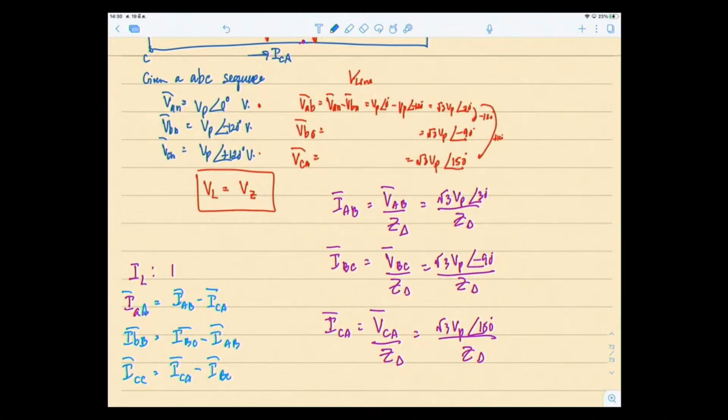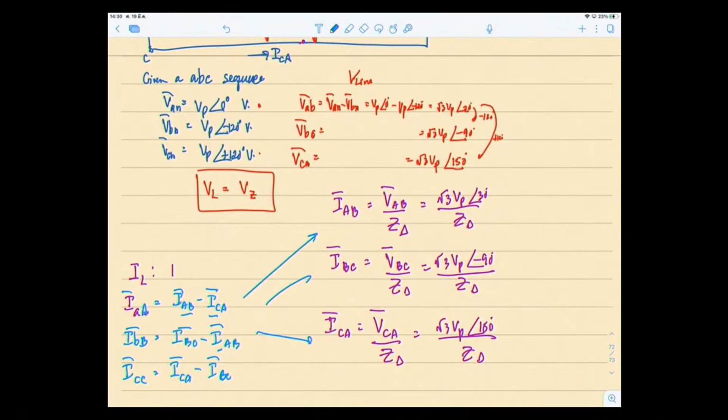Okay, so these are the line currents. And of course all these values you know already from here, so you can get the answer.